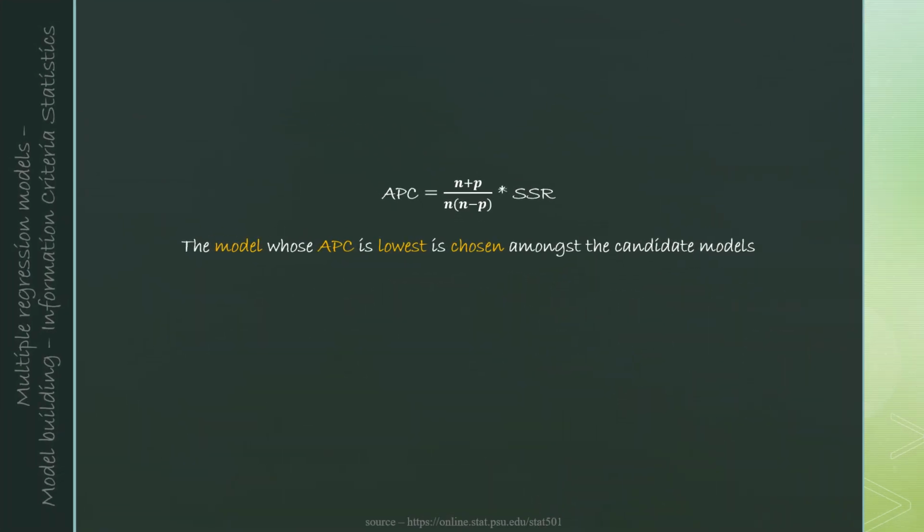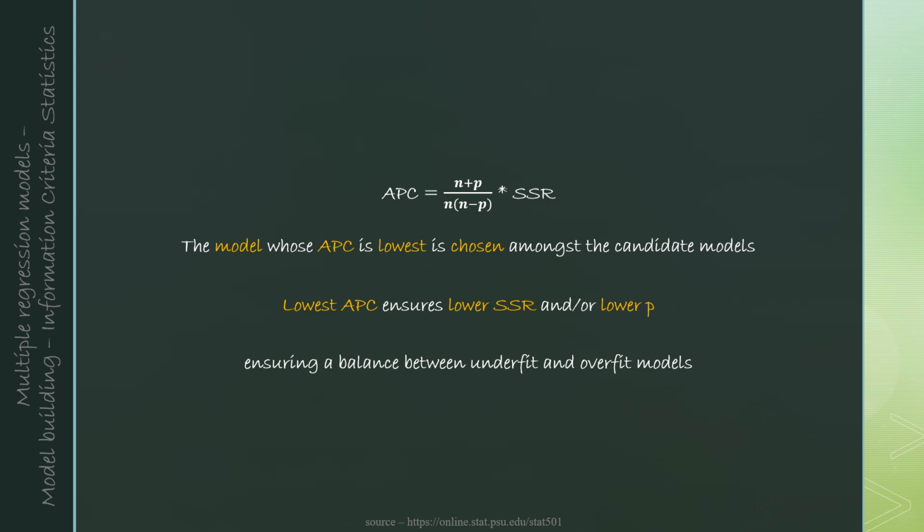Like in the case of AIC and BIC, the model whose APC is lowest is chosen among the candidate models. Lowest APC ensures lower SSR and or lower P, thus ensuring a balance between an underfit and an overfit model.